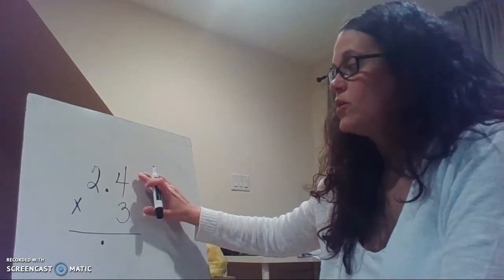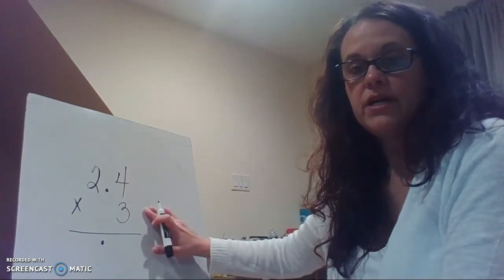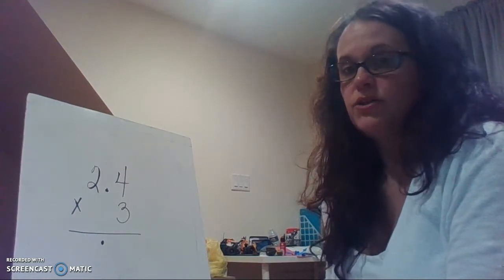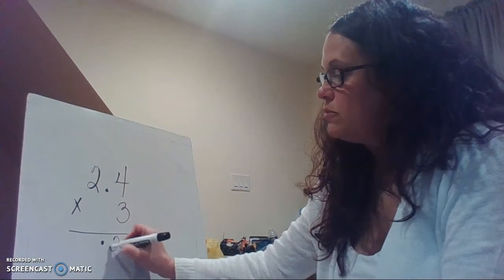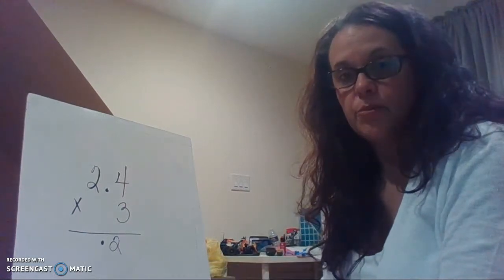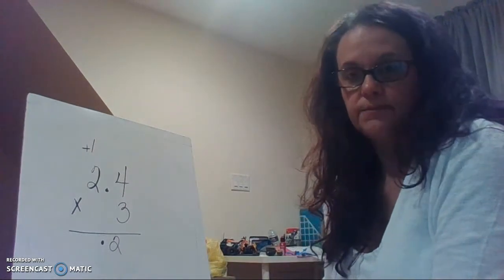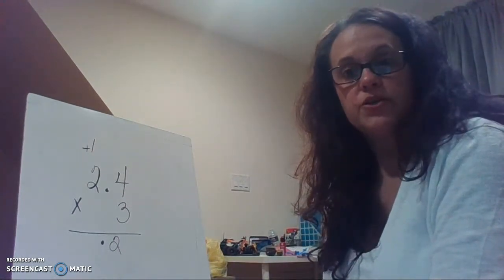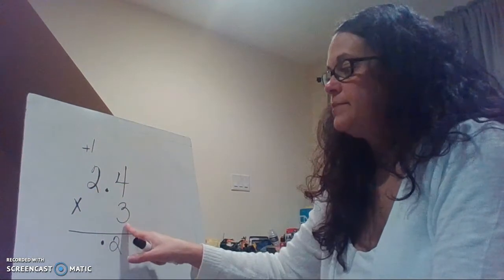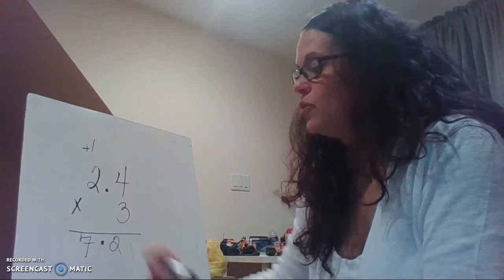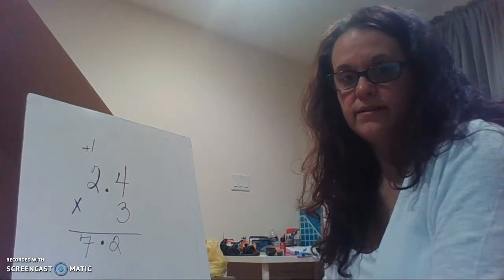So I'll start with 4/10 times 3, which would give me 12/10, or 1 2/10. So the 2/10 stays in its appropriate column, and we regroup the 1 whole to the ones column. We continue on as usual. 2 times 3 is 6, plus the 1 is 7, for a total product of 7 2/10.